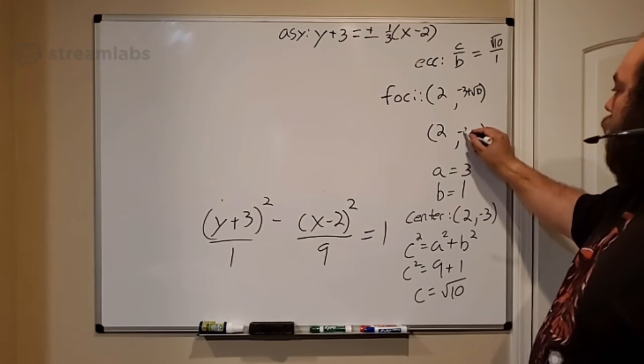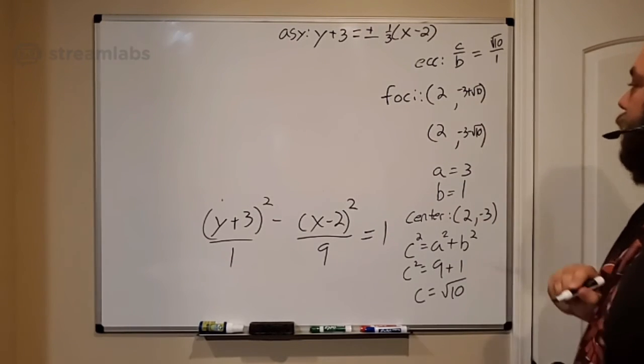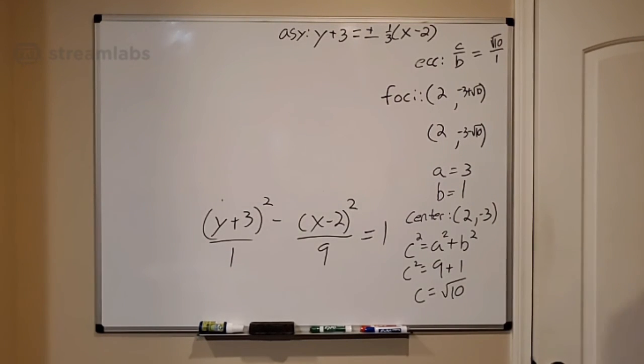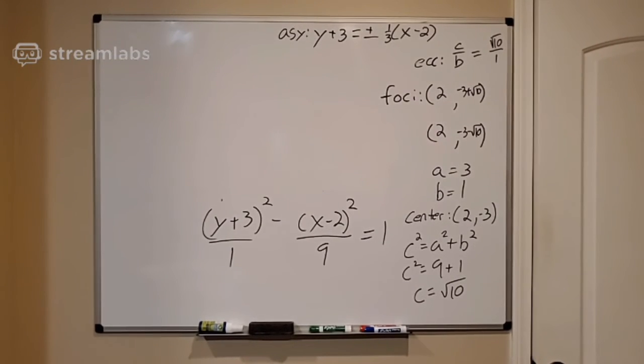And before anybody asks, yes, you leave it just like that. They don't always look pretty. All right, so I think that is now everything, and we can now graph.